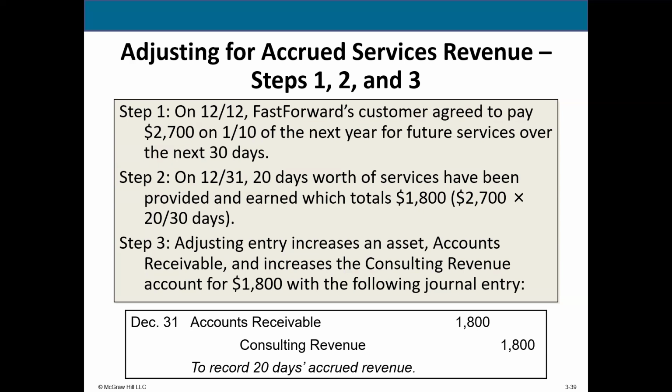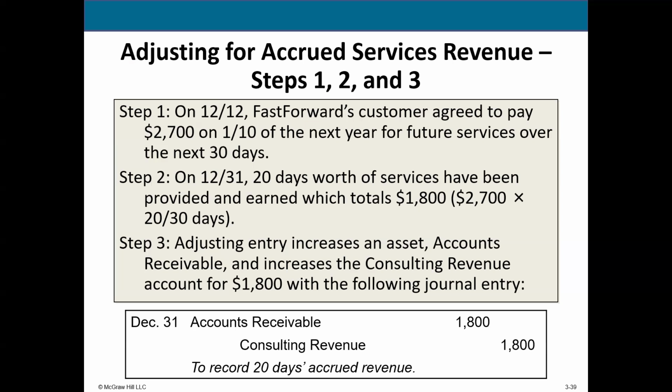The way we figure out how much that is: 12/12 to 12/31 is 20 days. So I take the amount of the contract, $2,700, and multiply that by 20 over 30, which is the amount of time that has passed. That gives me $1,800. So I need to debit accounts receivable, $1,800, and credit consulting revenue, $1,800.